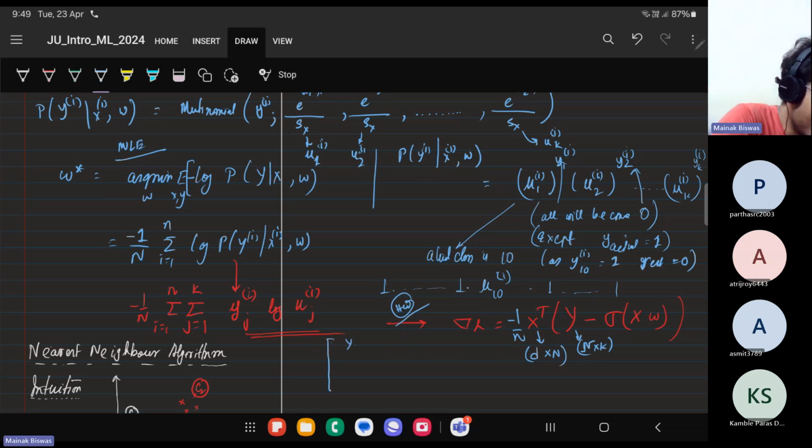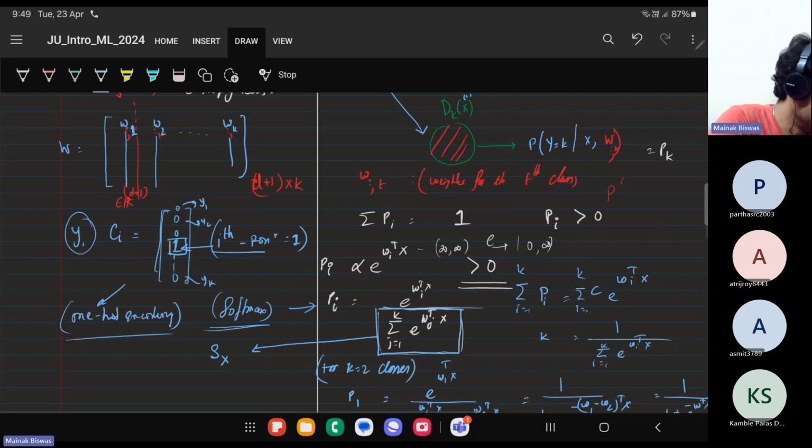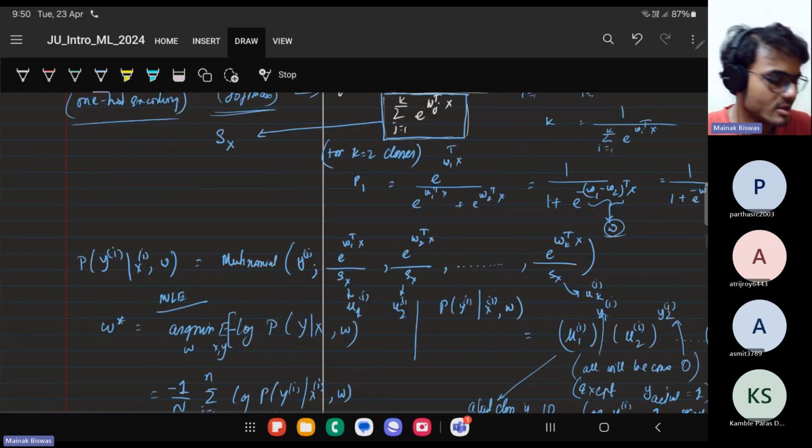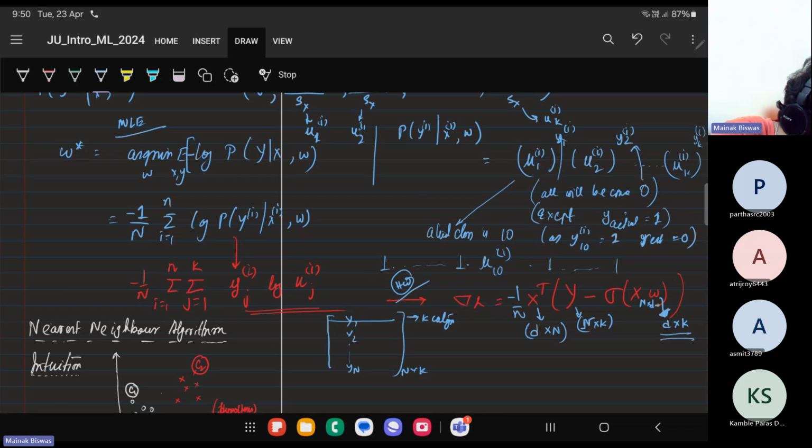In training examples, y1, y2, dot, dot, dot, yn, each of them will have k categories. So it's n cross k. X is again n cross d. W is d cross k. I took d cross k initially, d plus 1, whatever you want. I'll just put d plus 1.